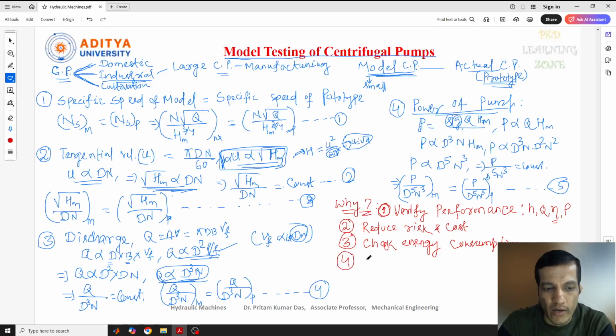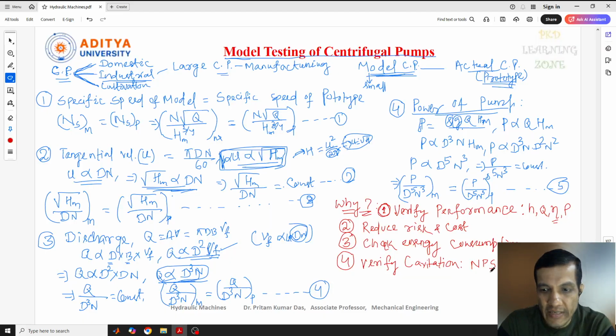The next one, we can verify the cavitation. If any kind of cavitation formation is there, we can check it, identify it, and study about cavitation. So how can we do this? Actually, this cavitation can be identified by NPSH study.